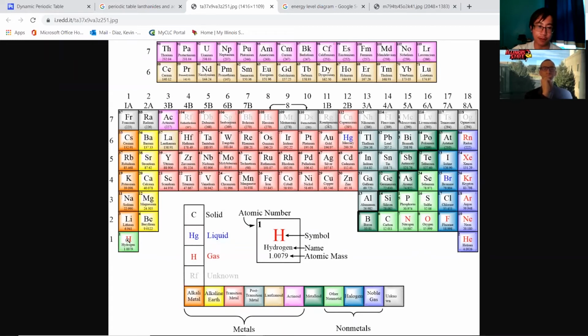You put one electron in the 1s, another electron in the 1s orbital, then 2s, and then 2p, and it sort of simulates that same idea when we fill up energy level diagrams. So far, so good?